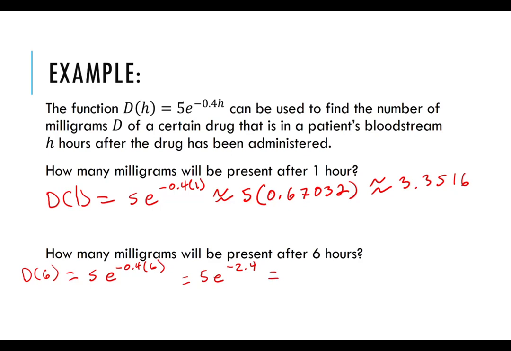E raised to the negative 2.4, I get that this is 5 times 0.090718 approximately. Then multiply that times 5, and I get that this is approximately 0.454. So then let's round this to 4 decimal places just like we did the previous. So that's going to give me 0.4536.